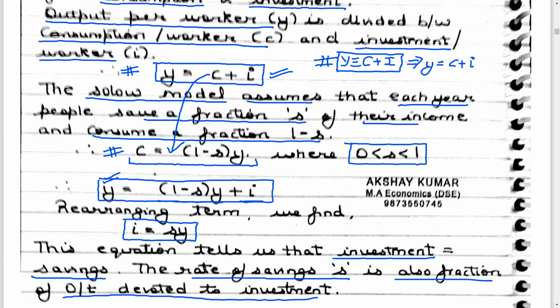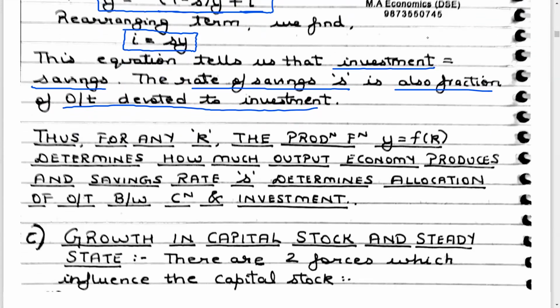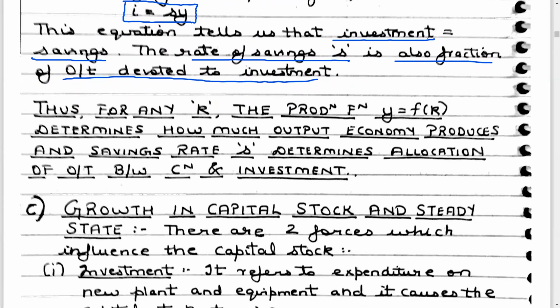Okay, so I stands for investment per worker. Small s denotes the savings rate. When you multiply it by y, s into y is nothing but the savings. So investment is equal to savings, okay, in the Solow economy. Okay, so moving forward, what do we learn?